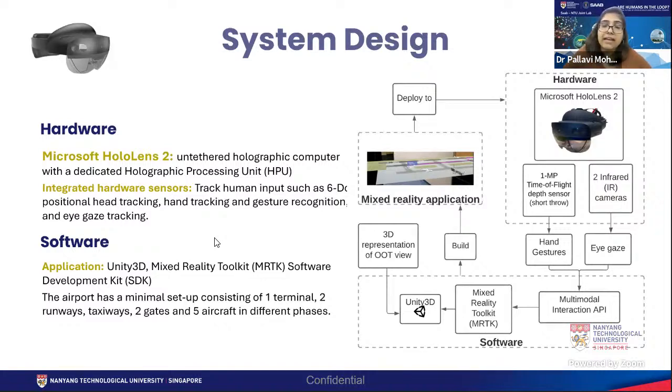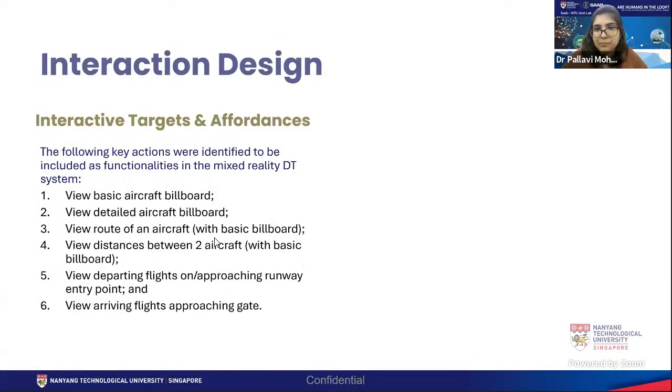The device has embedded eye and hand gesture information sensing in it, which is then tracked by our system and then processed by the multimodal interaction model that we have designed. Later, we deploy the application to HoloLens using Unity with the added visualization plus interaction capabilities. So this is a sort of overview of how the hardware and software components interrelate.